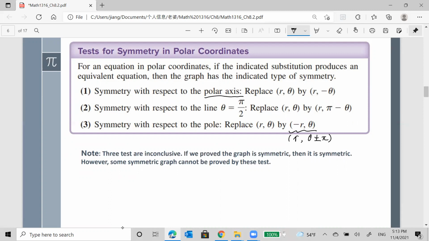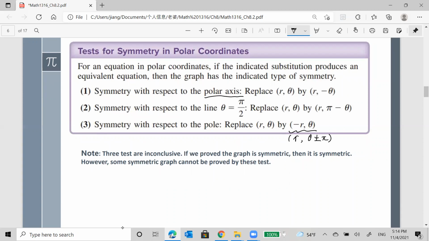For example, if we use the second one to test symmetry with respect to the line theta equals pi over 2, and we replace (r, theta) by (r, pi minus theta), the equation is not like the previous form. That means the test is inconclusive.